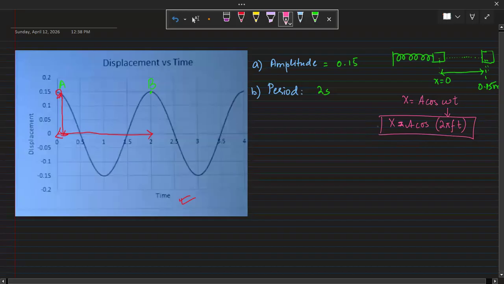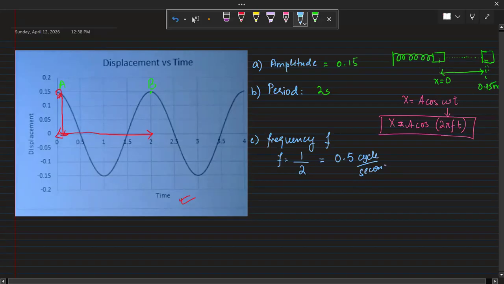So we're going to talk about the frequency now. Part C is asking to calculate frequency. So frequency, how will you find it? Yesterday even I was explaining about the frequency. If you are considering one wave, you divide that one wave by its time. So it's going to be 2 seconds, right? So the frequency is going to be 0.5 cycle per second, right?